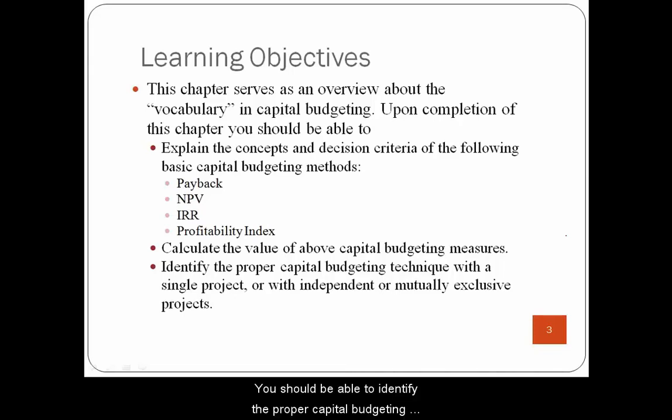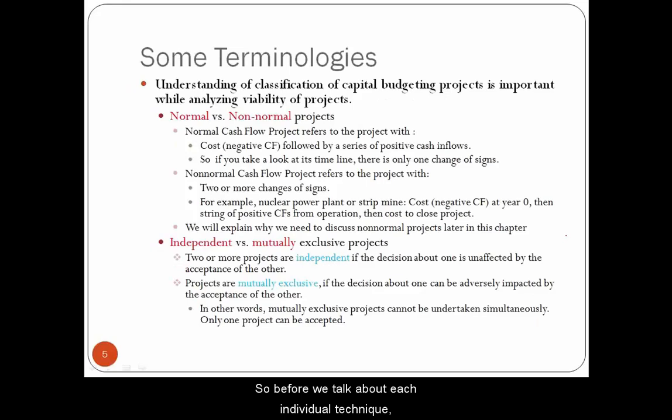You should be able to identify the proper capital budgeting technique with a single project or with independent or mutually exclusive projects. So before we talk about each individual technique, we want to clarify some things first.